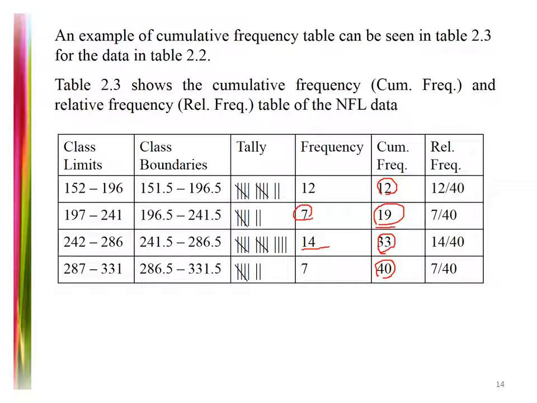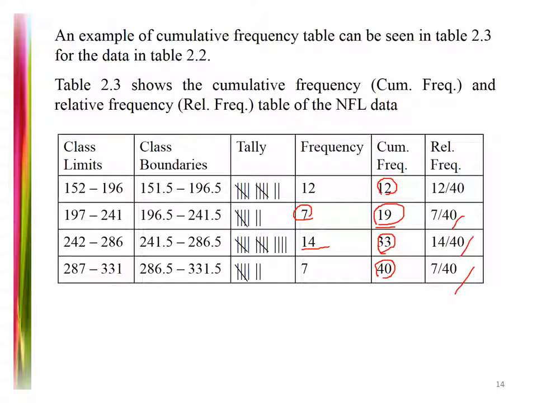Also the relative frequency means the corresponding frequency divided by the total number of observations, or total frequency. The total number of observations here is 40, so 12 divided by 40, 7 divided by 40, 14 divided by 40, and 7 divided by 40. That is the relative frequency.